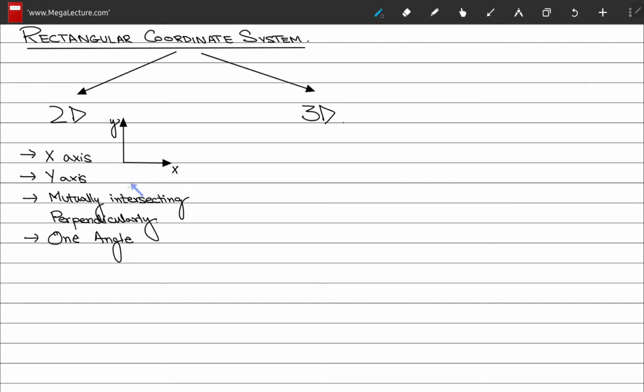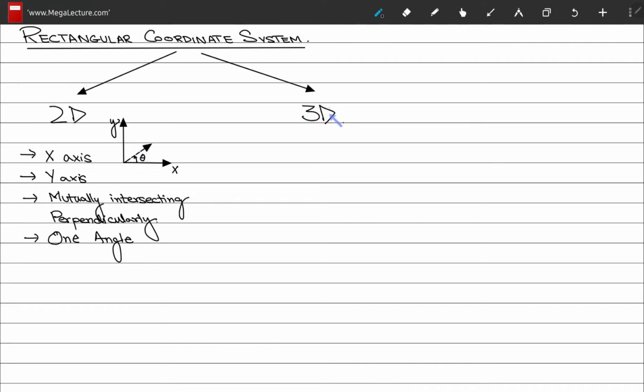These axes are lines, and they are perpendicular to each other. If I have a vector in these axes, all I need is one angle to specify the direction. Suppose that angle is your angle theta.